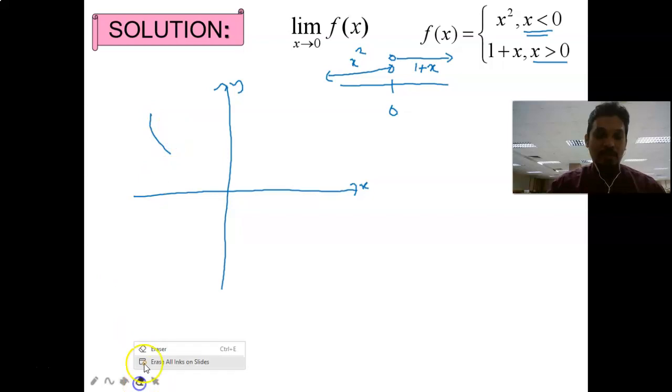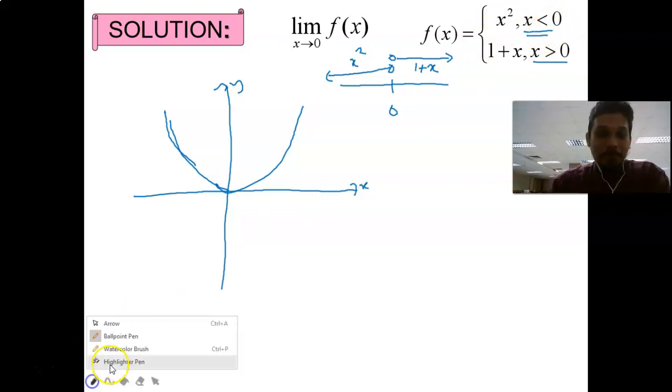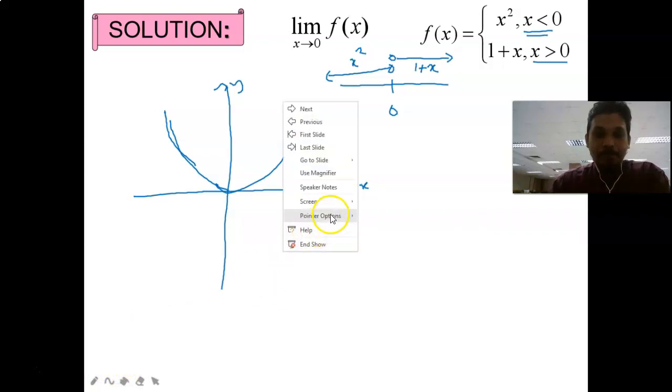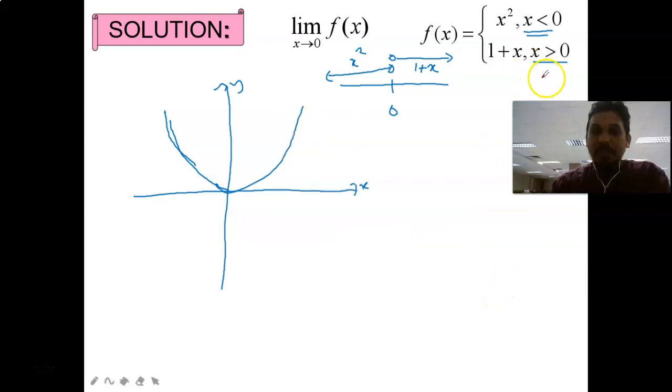But this function x squared is valid only for x less than 0.